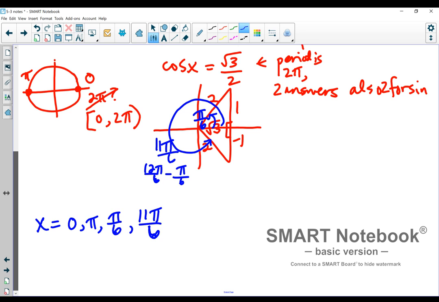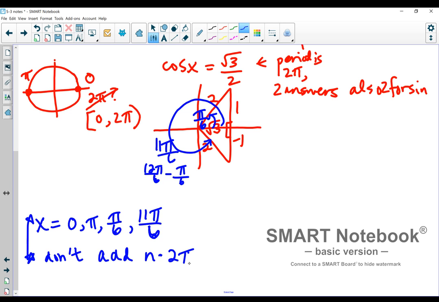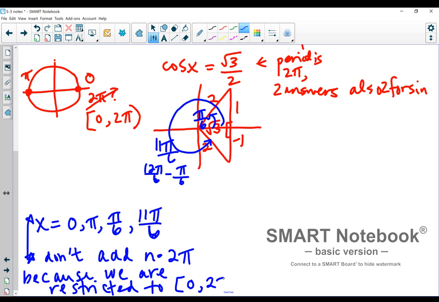And so we'll make one more note. Don't add n times 2 pi because we are restricted to 0 to 2 pi.